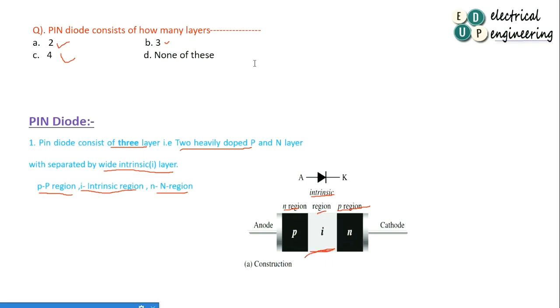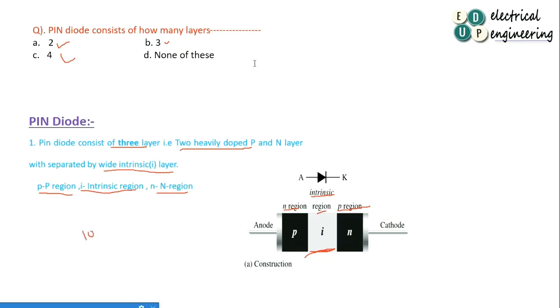Due to the wide intrinsic region, it gives a high range of resistance, so the PIN diode is used in the photo detector and high frequency switch.